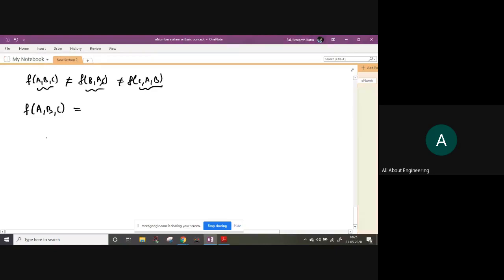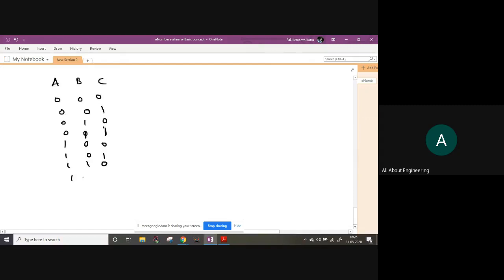Let me frame a truth table here: A, B, C, 0 0 0, 0 0 1, 0 1 0, 0 1 1, 1 0 0, 1 0 1, 1 1 0, 1 1 1. So these are the possibilities.